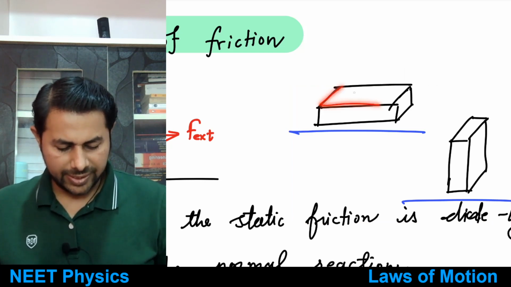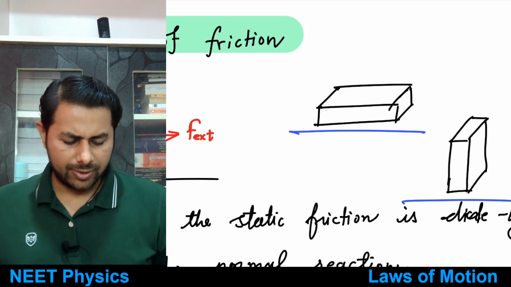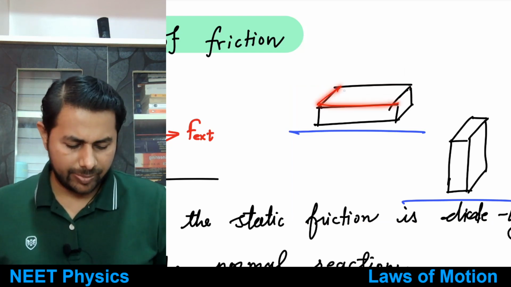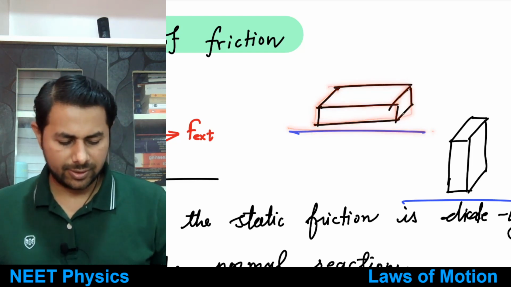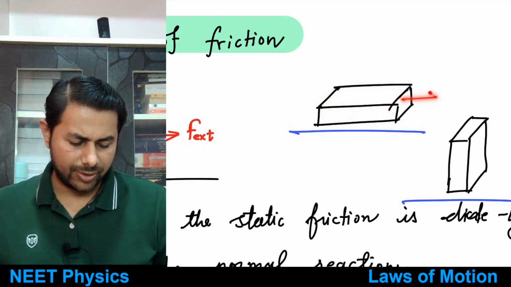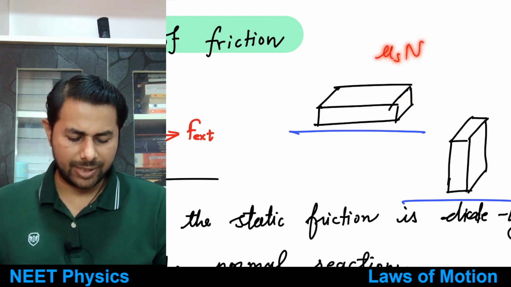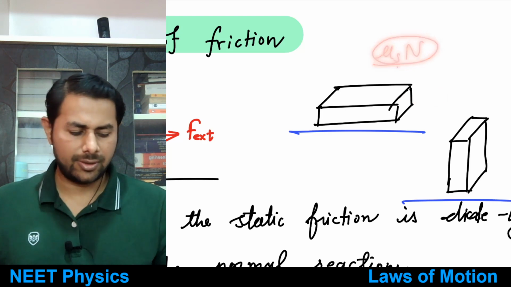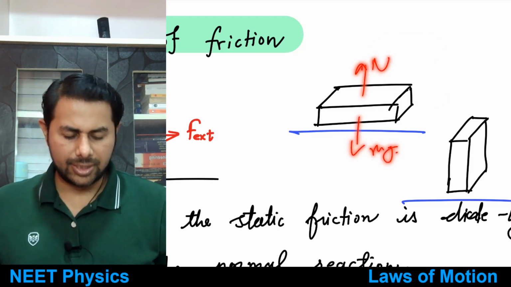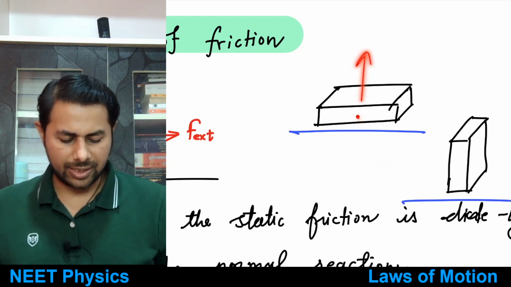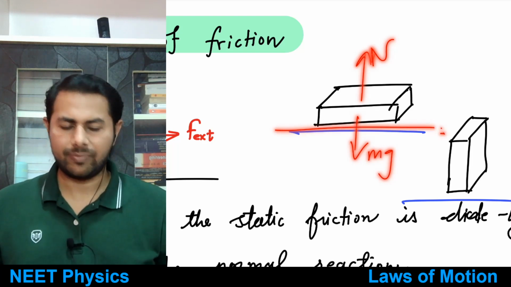In the first case you have two bricks, suppose, or one block only, and you keep it like this on this surface. Then you want to slide it, so the maximum frictional force would be equal to what? Mu s multiplied by normal reaction, right? And normal reaction is just equal to its weight, because normal reaction and weight cancel out. This is the horizontal surface.